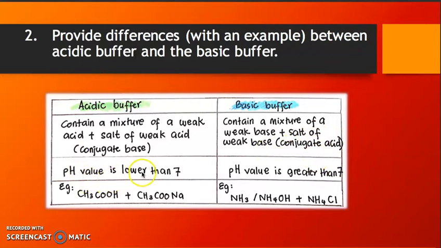The pH value is lower than 7 for an acidic buffer. Example: acetic acid and sodium acetate. For a basic buffer, the pH value is greater than 7. Example: ammonia, ammonium hydroxide, and ammonium chloride.